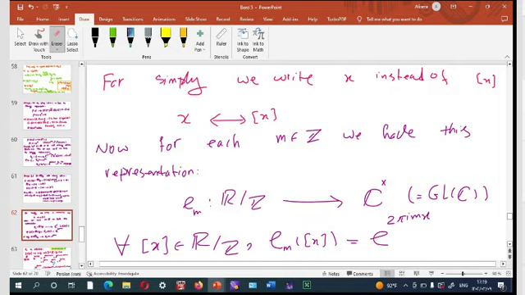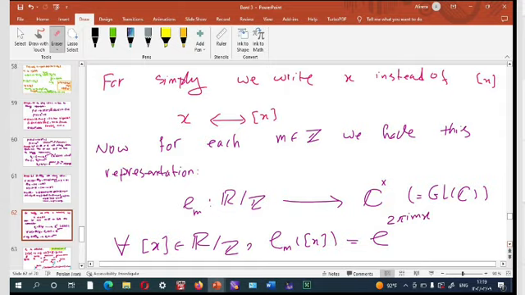Now for each m in Z, this representation e_m goes from this group to the non-zero complex numbers by these function rules. For each element in this group, e_m of x equals e to the power of 2 pi i m x.